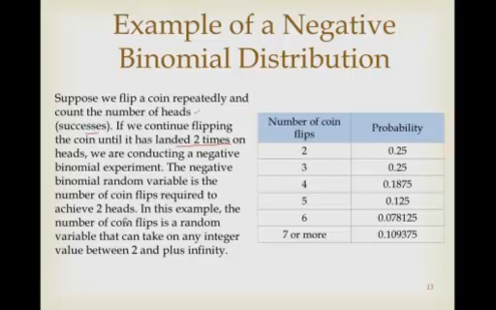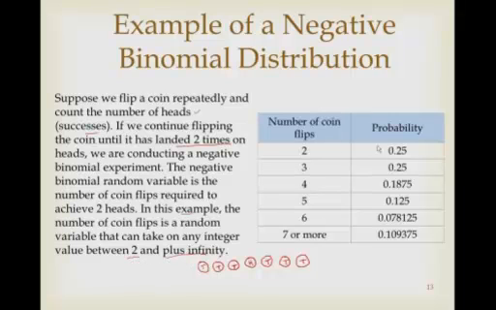So you can see tails, tails, tails, heads. Now, you can pretty clearly see that the more coins you throw, the tinier the chance is that it's going to take that many throws to get that number of heads. So in this example, the number of coin flips is a random variable that can take on any integer value between 2 and plus infinity.